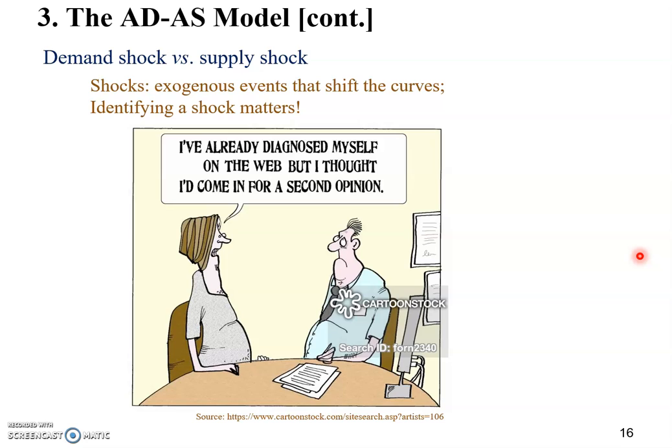And economists, especially macroeconomists, working with the policymakers, need to do the same thing. We need to collect a lot of information to make our judgment. Is this a demand shock or supply shock? And as we said before, we will come up with a corresponding policy to address these shocks.